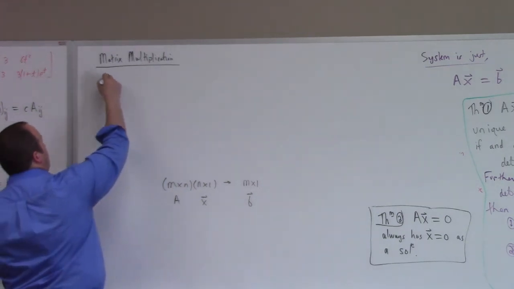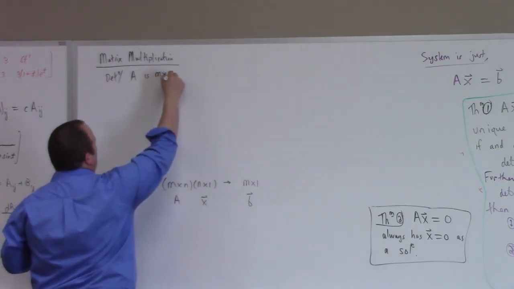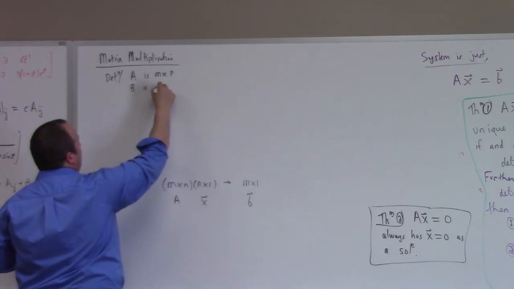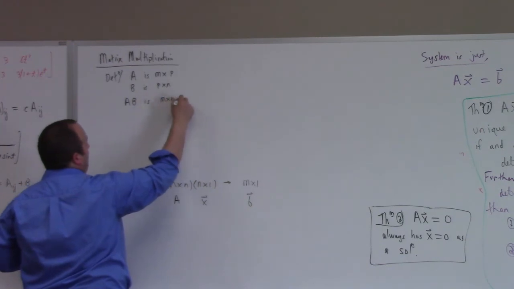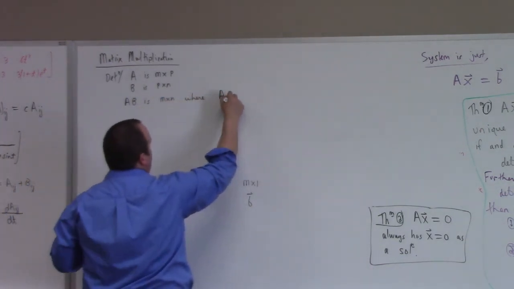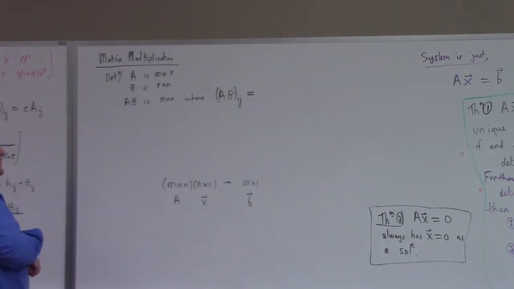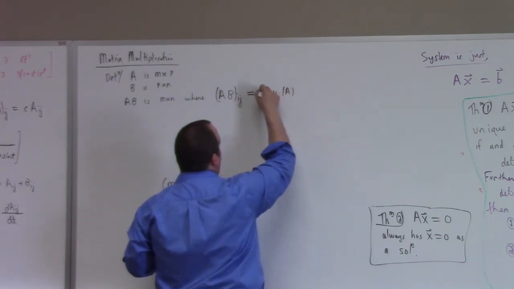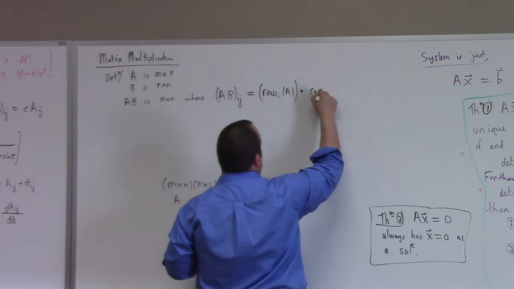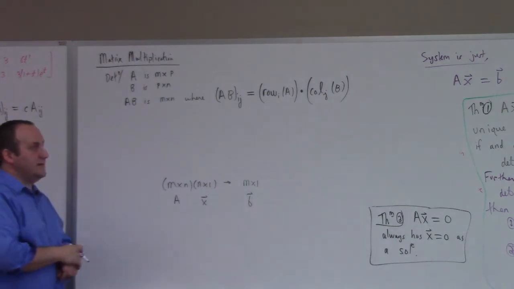So here's the definition more generally. If A is m by, let's say, p, and B is p by n, then AB is m by n, where the ijth component of AB is equal to the dot product of the ith row of A with the jth column of B. So that's how we multiply matrices.